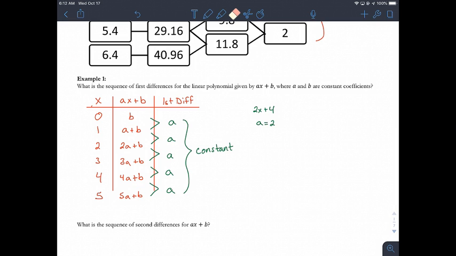No matter what linear polynomial I use, it will be absolutely correct in the table that we just created. So we can say if the first difference is constant, then the function is linear.